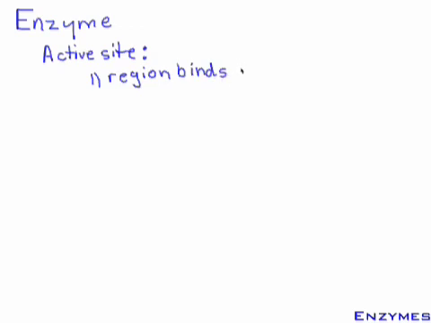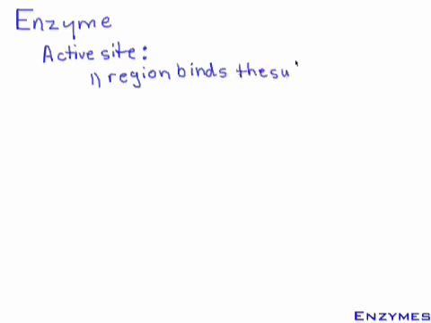Well, let's take a look at a typical example. Firstly, note that the active site of an enzyme is the region that binds the molecule the enzyme acts on, which is referred to as the substrate.